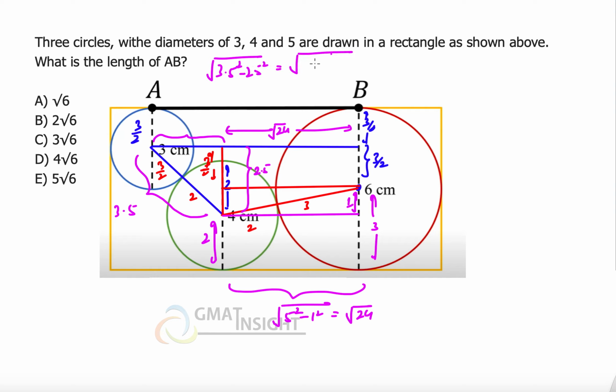So 3.5 square has the value 12.25, while 2.5 square has the value 6.25. So the value of this expression becomes the square root of 6.